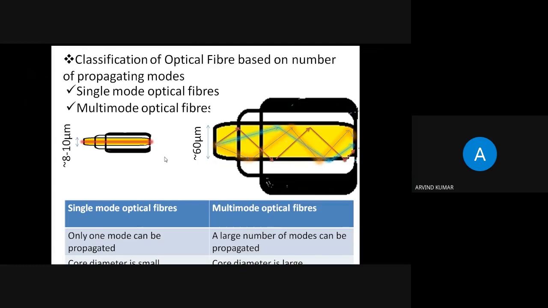And this is the multi-mode optical fiber, and here the core diameter is large, so we have a larger number of signals that can propagate through the fiber. Here I am showing three, but a large number of signals can be propagated through the fiber. So this is regarding the multi-mode fiber.